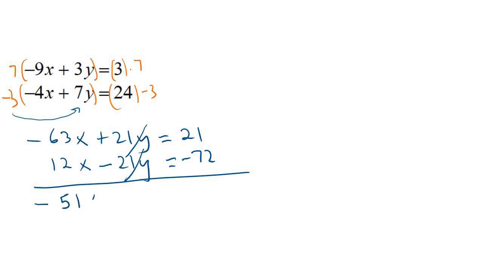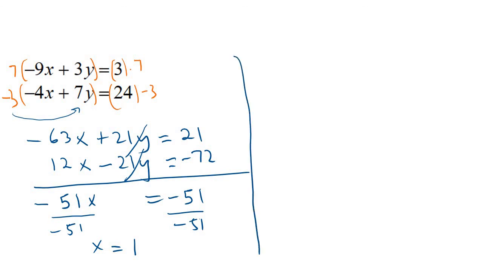Negative 51x equals, if I do -72 plus 21, will give me negative 51. So I can divide by negative 51 on both sides. So x will be equal to 1.